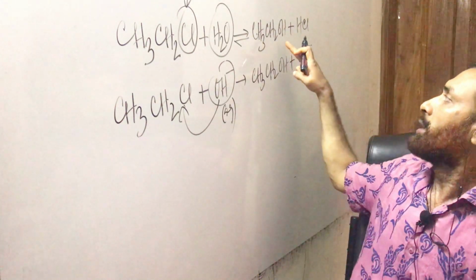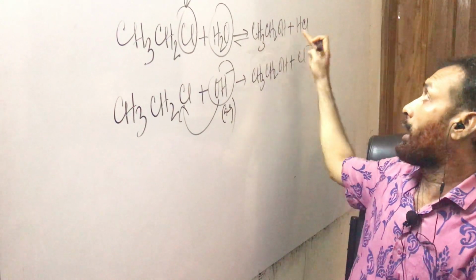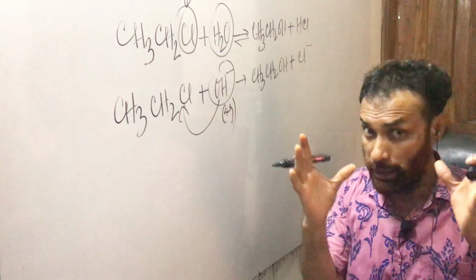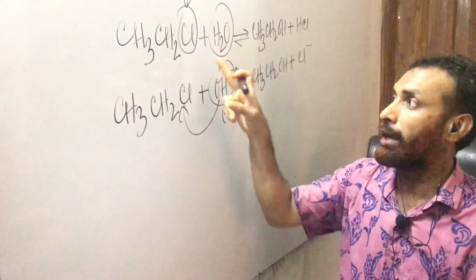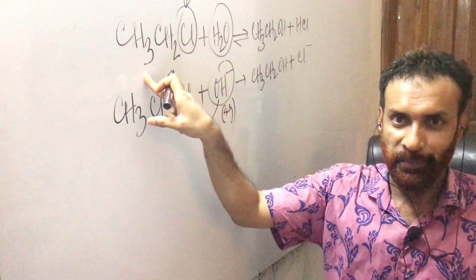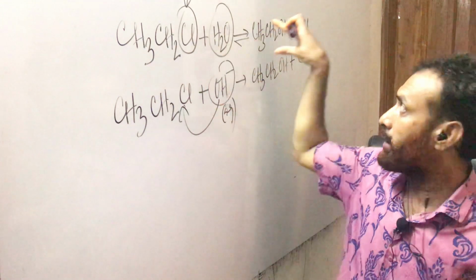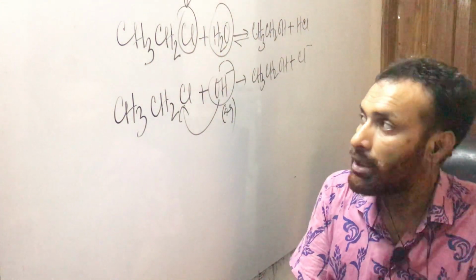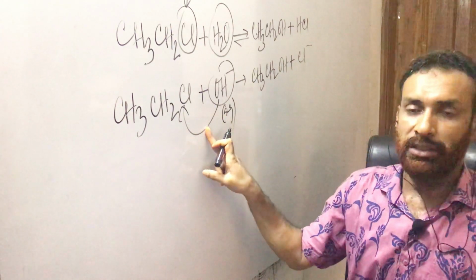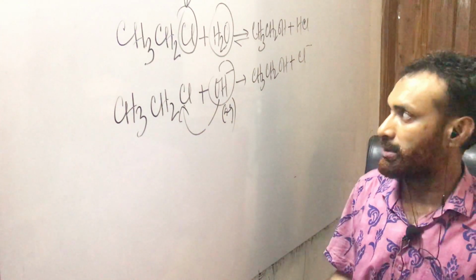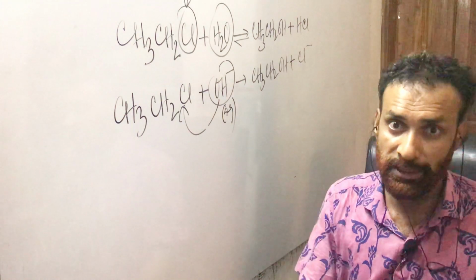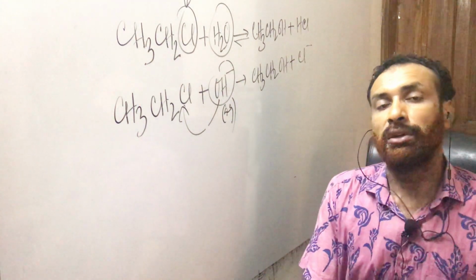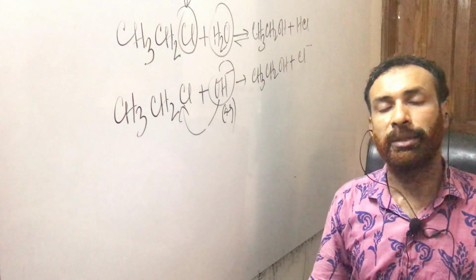If you mix ethanol and hydrochloric acid, they react to give chloroalkane, and here we are getting ethanol from chloroalkane, which means the reaction is reversible. The second reaction is not reversible. It goes to completion because OH is free there. So these are two comparative reactions.